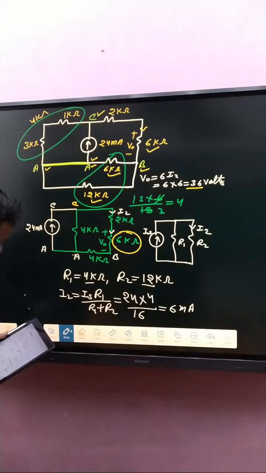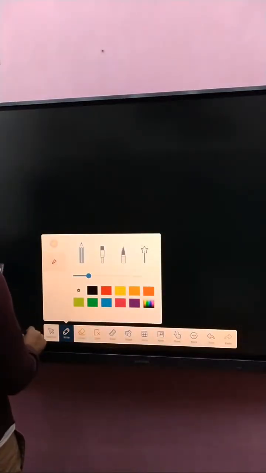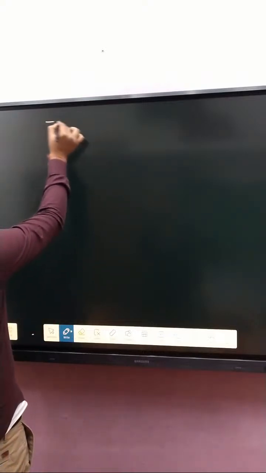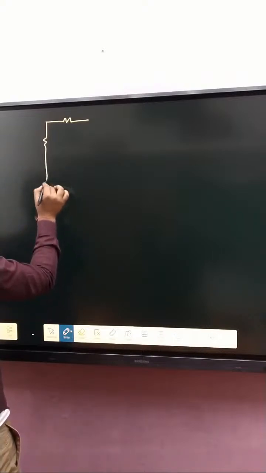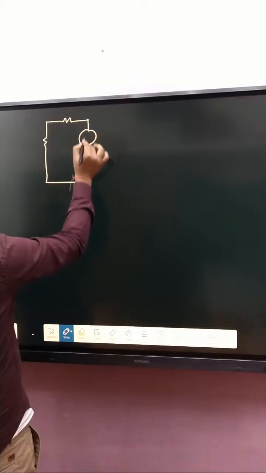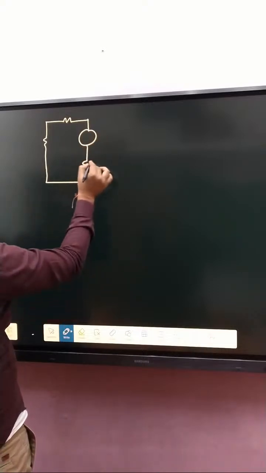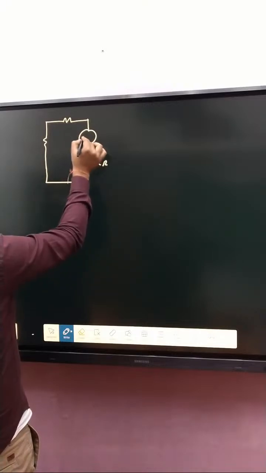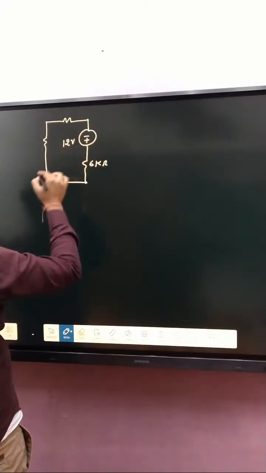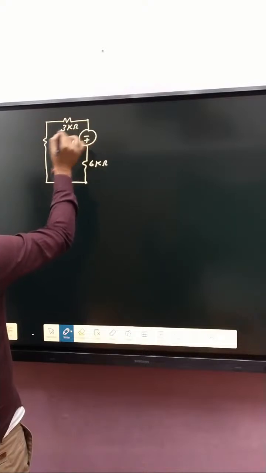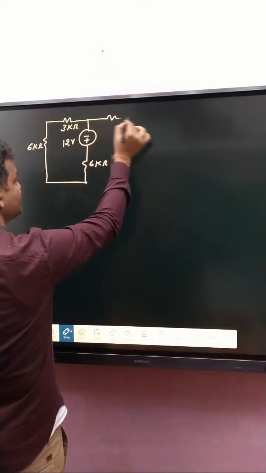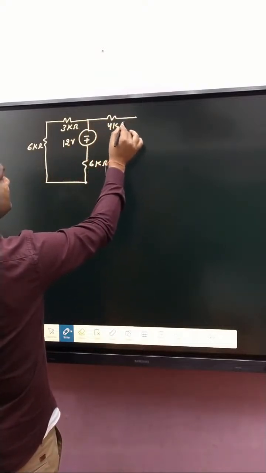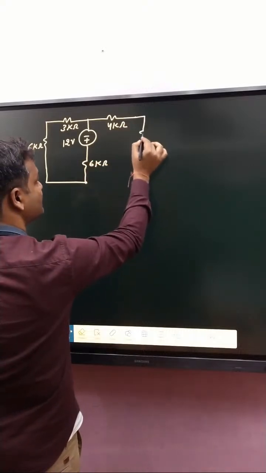Now, next problem. Here 3 kilo ohm, that one is 6 kilo ohm, a voltage source, and here that is 6 kilo ohm, minus plus, that is 12 volt, and that one is 6 kilo ohm, and that one is 6 kilo ohm, and that one is 4 kilo ohm, and that one is 12 kilo ohm.